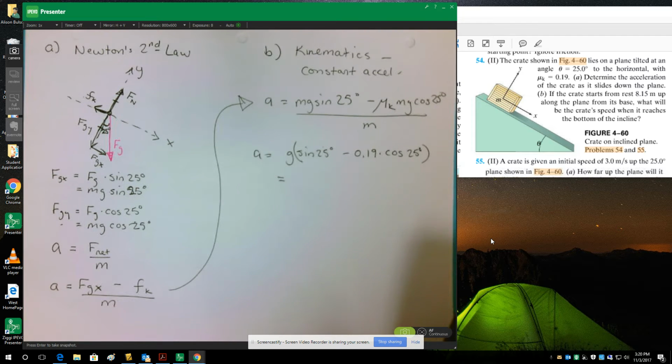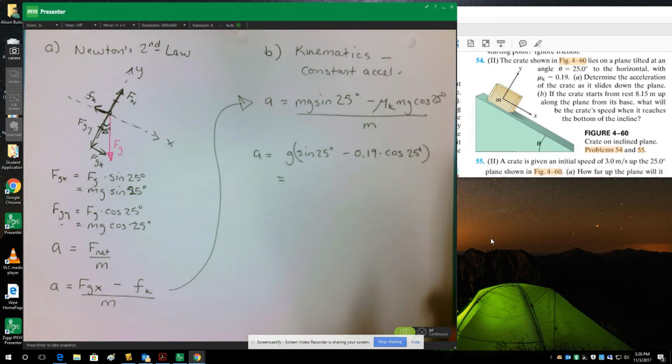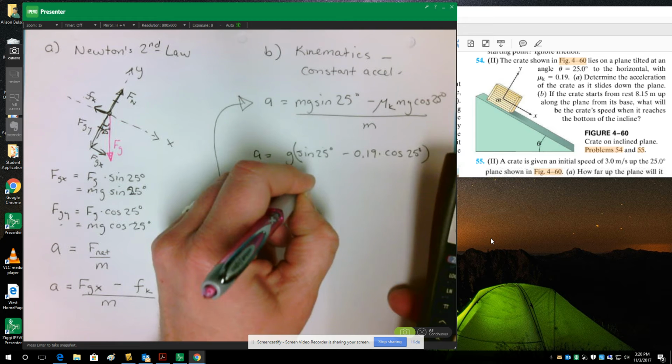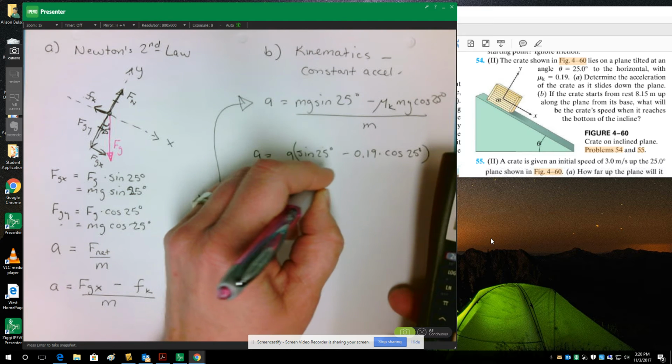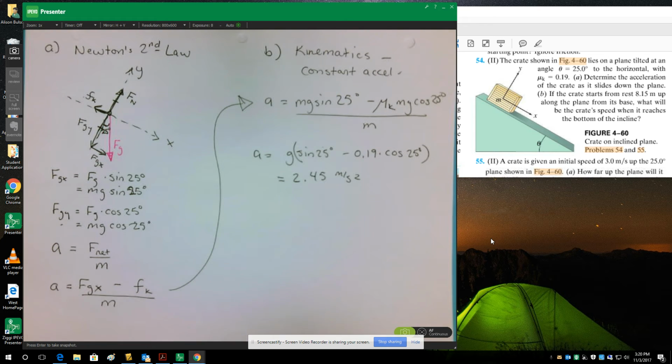Okay, sine of 25 degrees, subtracting 0.19 times cosine of 25 degrees. All right, 0.2504, and that whole thing gets multiplied by g, 9.8 meters per second squared. So we have a downhill acceleration of 2.45 meters per second squared. Down the hill is positive.